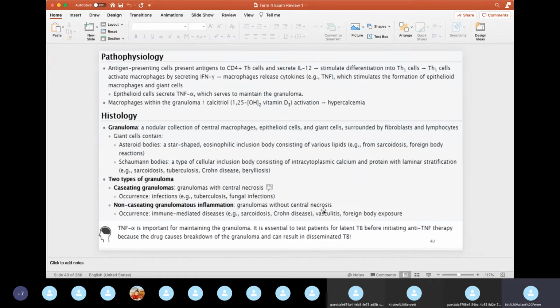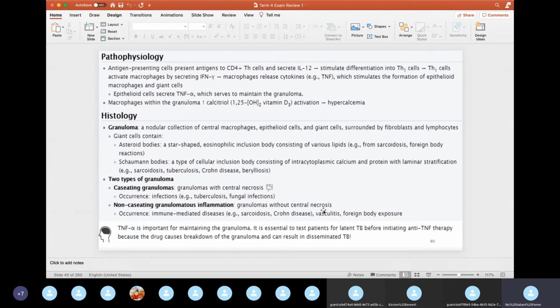If I give you an anti-TNF drug, what do you think happens to the granuloma? Anyone? So the granuloma starts to break down.